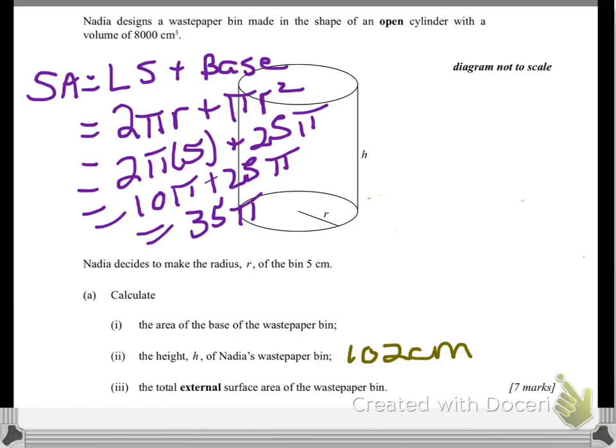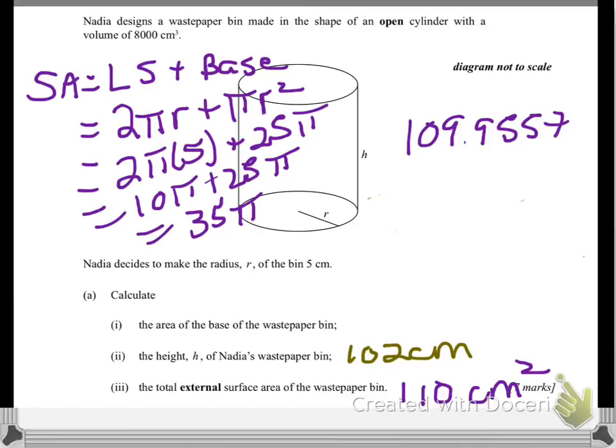So I'm going to go to my calculator and find out what 35 pi is, and I get 109.9557. Okay, so if I go to 3 sig figs, it's not 109, but it's going to be 110. And remember, it's still area, so it's cm squared.